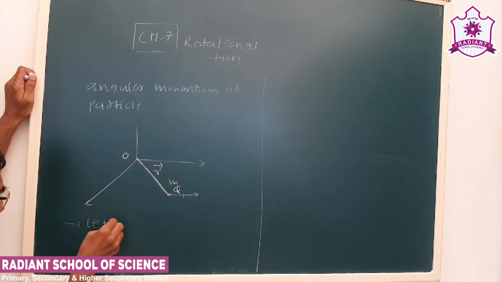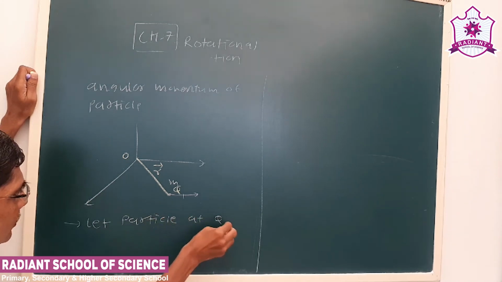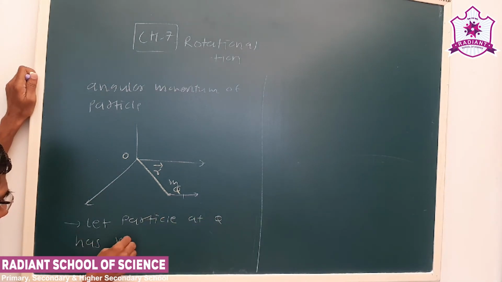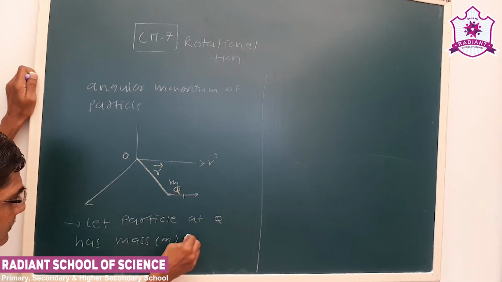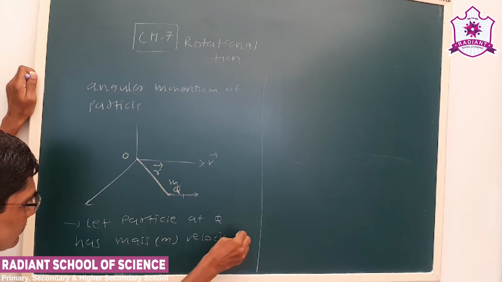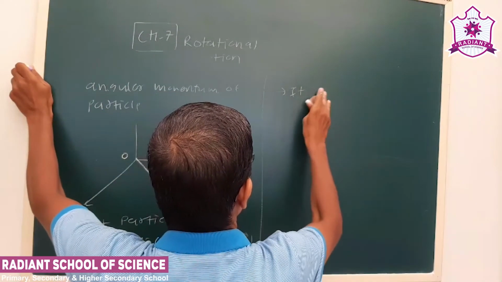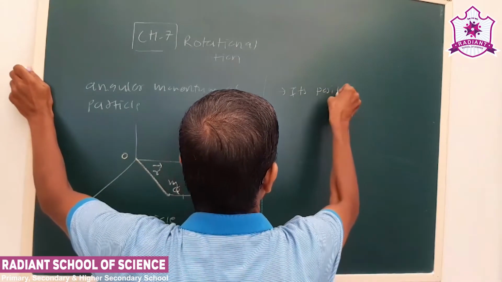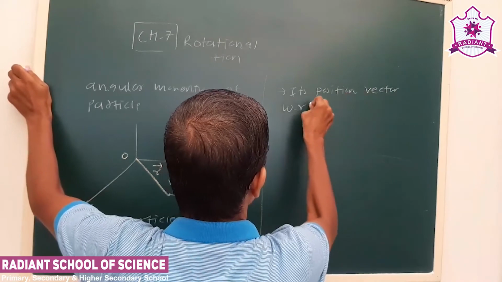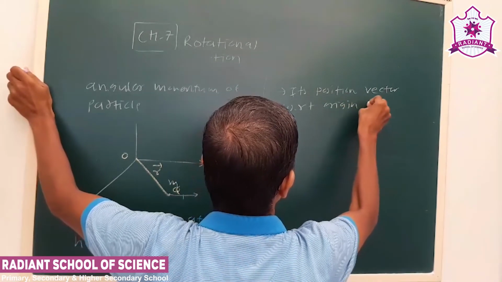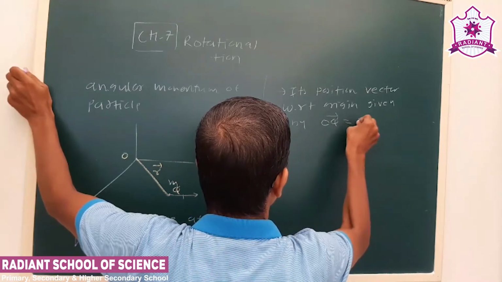So we can write: let the particle at Q have mass m and velocity v. Its position vector with respect to the origin is given by OQ equal to R.